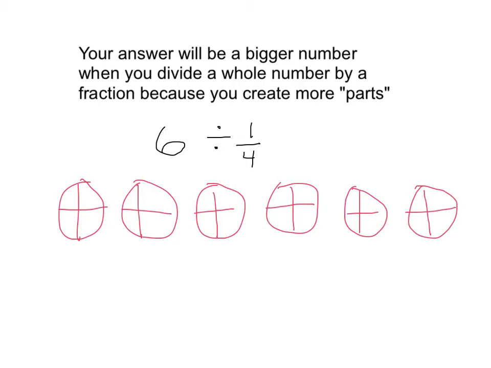So if I have 6 wholes and each one of them has 4 pieces, I can count 4, 8, 12, 16, 20, 24. So 6 divided by 1/4 equals 24. And 24 is going to be my answer to this problem.